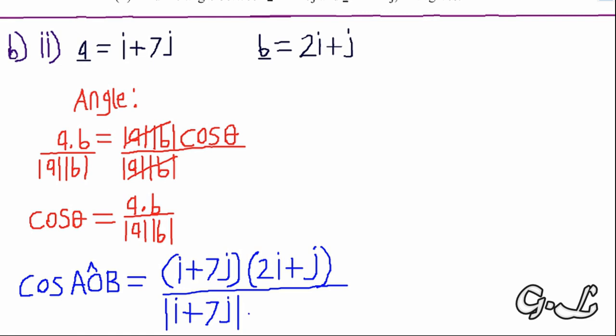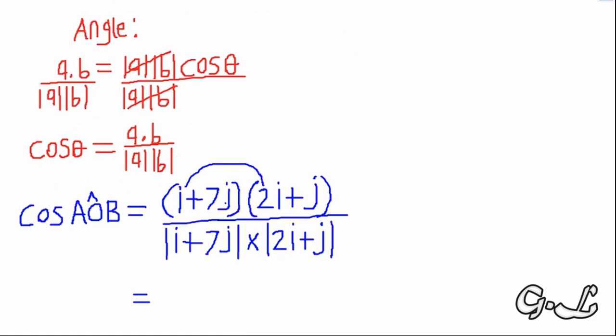The next thing that we're going to do is consider the simplification. We're going to get those which correspond to each other. When you check i and 2i, they correspond to each other because they both have i. When you multiply, it will give you 2.